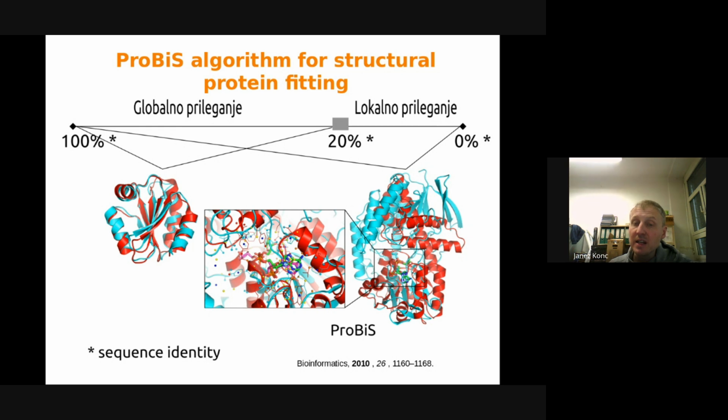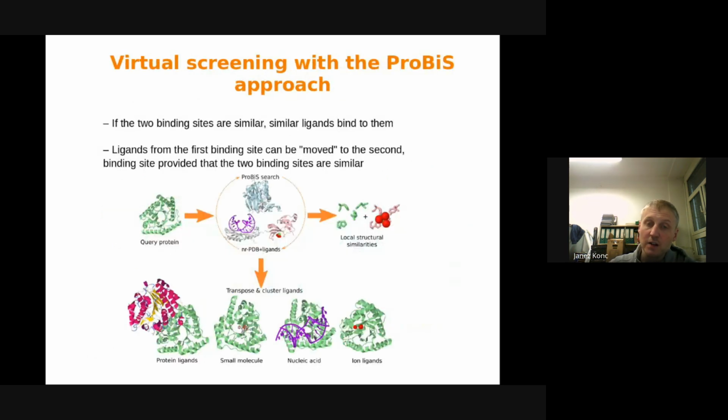And these similarities often indicate similar binding sites. So how do we do actual virtual screening with the ProBiS approach? So far I've talked about finding similarities between proteins, so no ligands yet. We have just pure proteins without any ligands, and we compare these proteins and find similar regions on their surfaces.